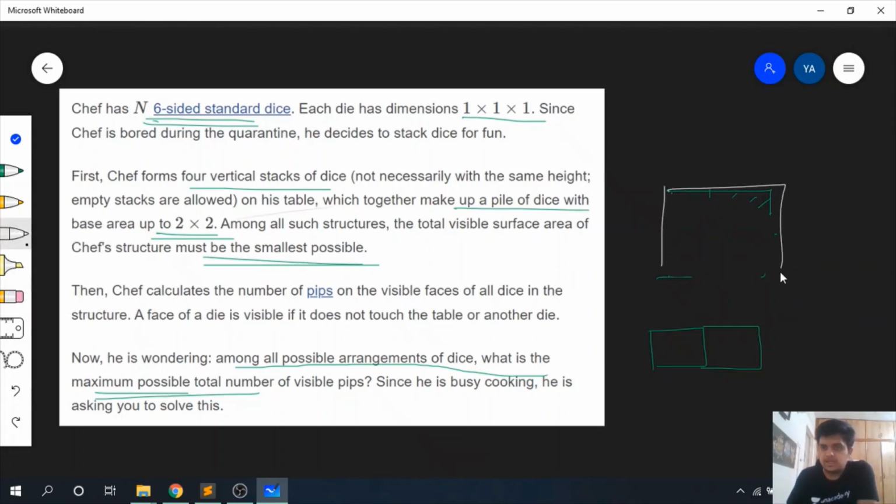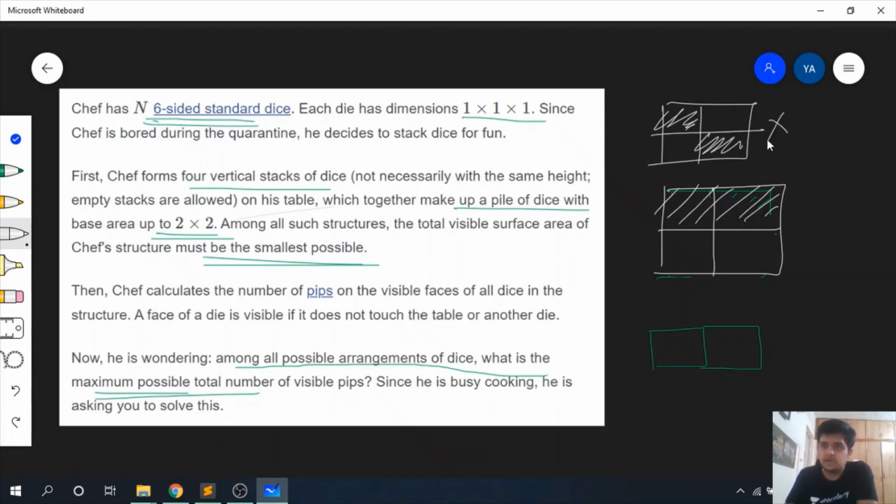So this is the top view of the stack of dice. So if we have 2 dice, we have to stack them side by side. That is this way. We can't stack them up something like this. One is here and one is here. We cannot do this because this has more visible surface area, and hence this visible surface area condition will get violated. So we have to stack them side by side.